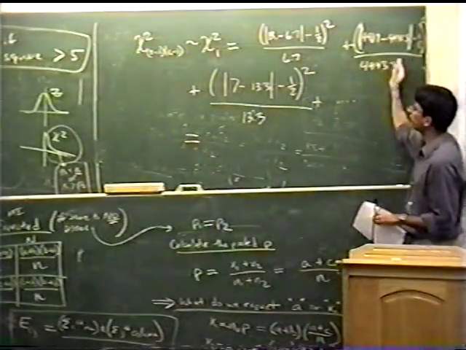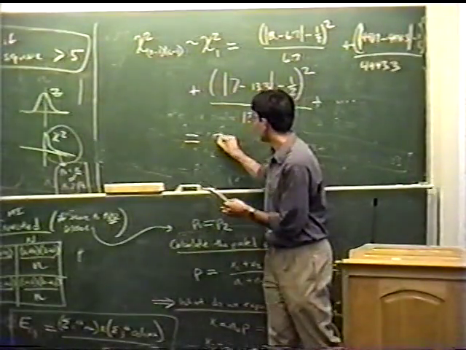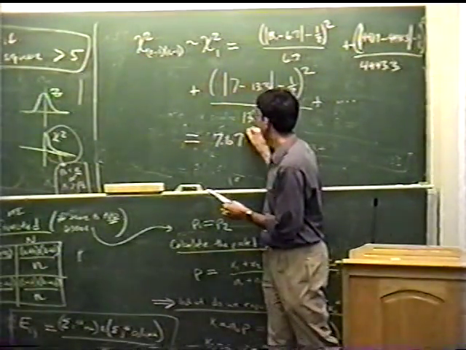Right, but that's how you set it up. There will be 4 terms in your summation, and what you end up with is 7.67.